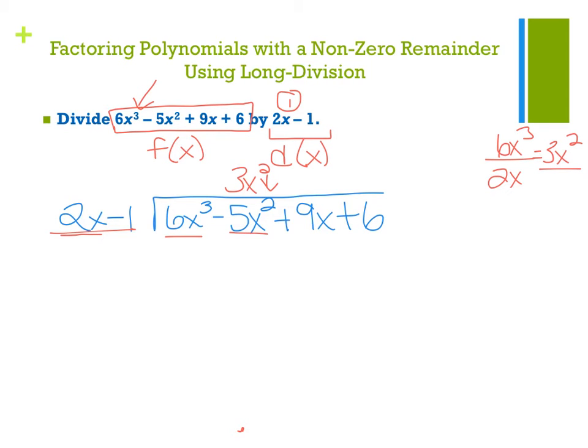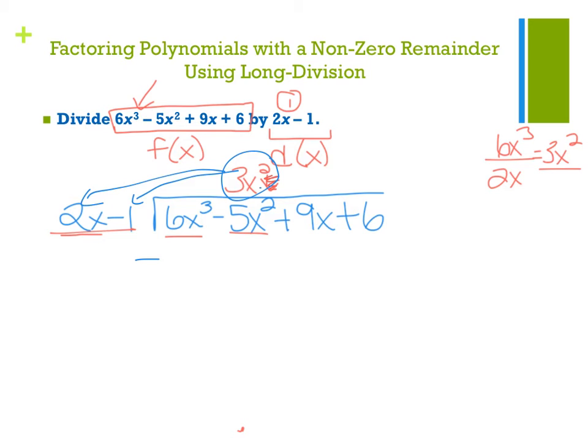So what do I do with that? I don't really need that little arrow right there. I'm just going to cross it out. And what I want to do from here is multiply 3x squared times 2x and 3x squared times negative 1 and record my answers underneath the dividend.